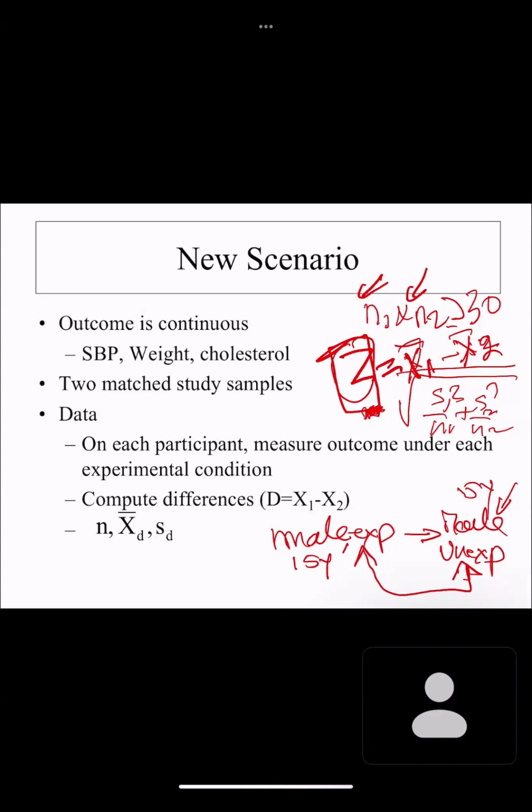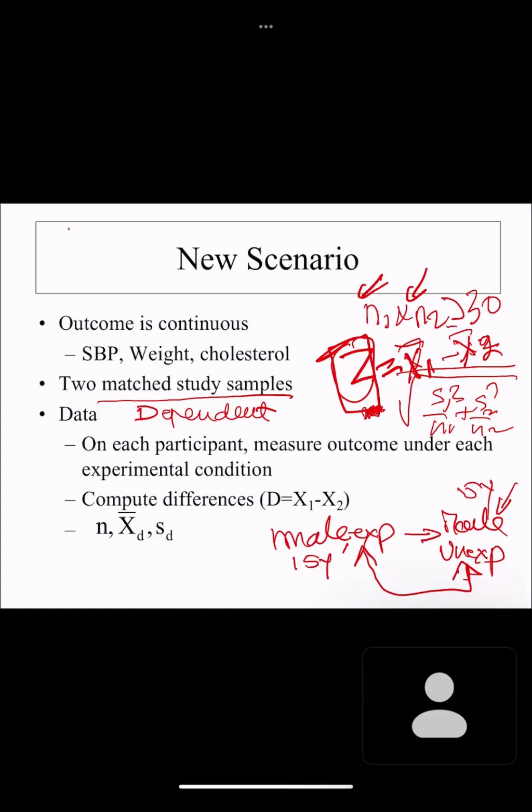Another example of matched or dependent samples, I want to call it a dependent sample, is to take a group of people, give them a drug. Or take a pool of people, measure their blood pressure, then do an exercise for the same group of people, and then measure their blood pressure after the exercise.